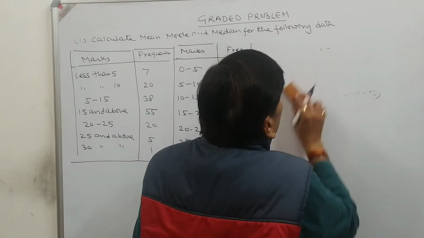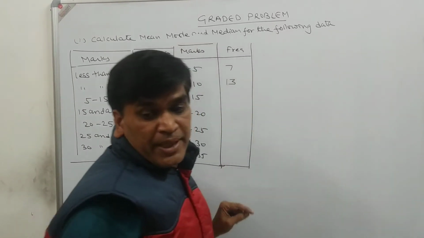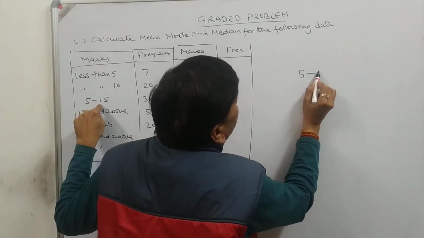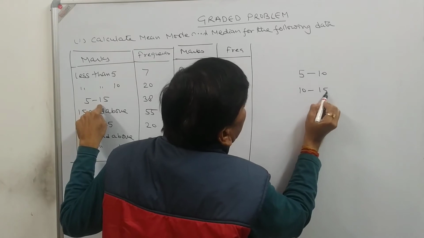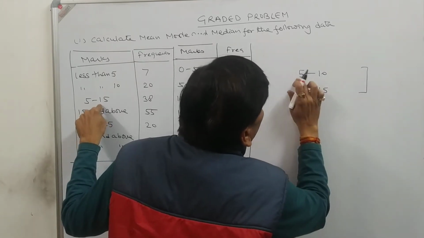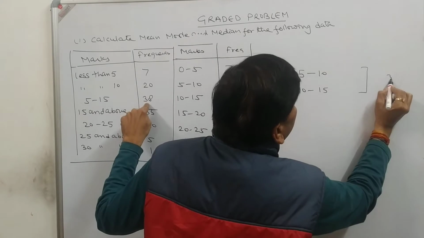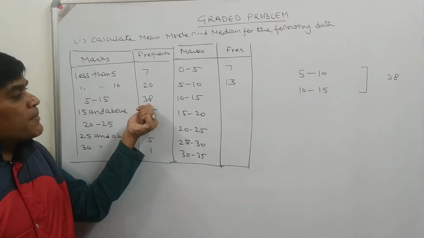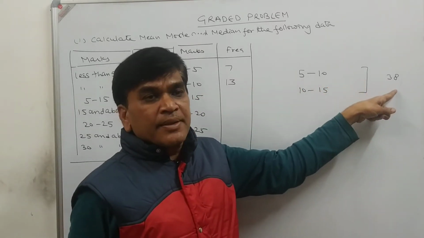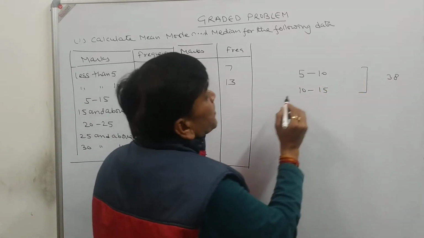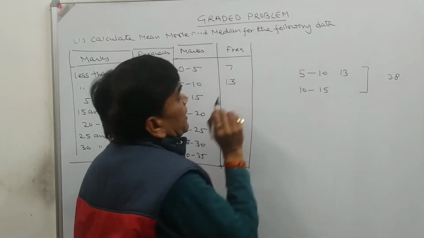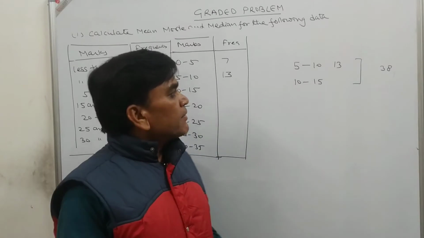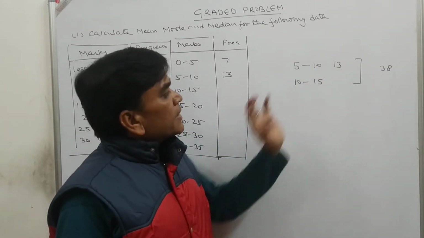Now the problem is here: we are given 5 to 15, and we need 5 to 10 and 10 to 15. From 5 to 15, the frequency is given as 38. We know that 5 to 10 is 13.